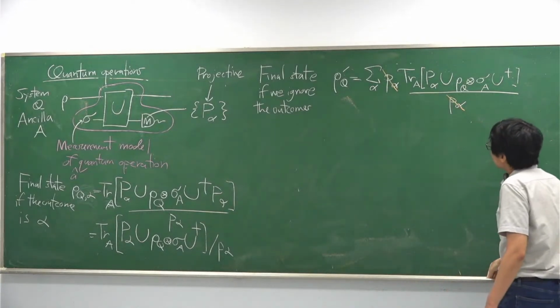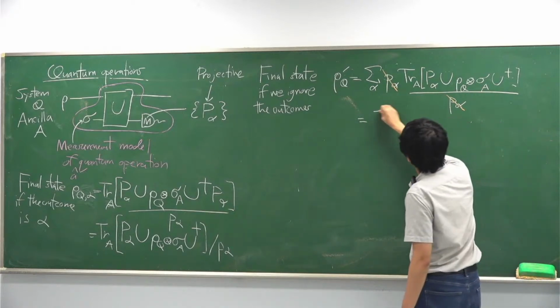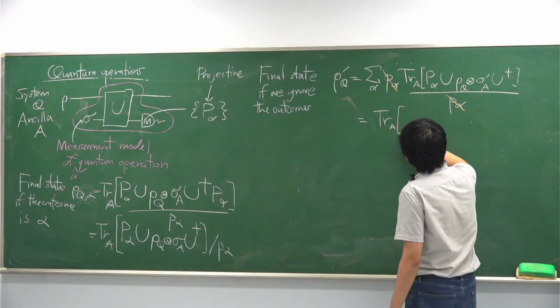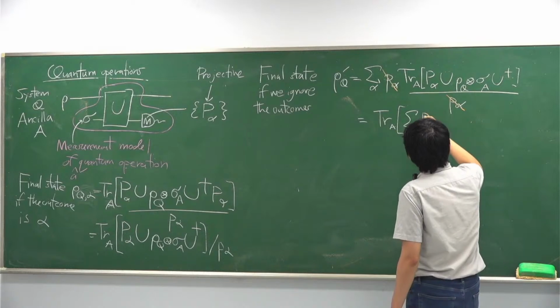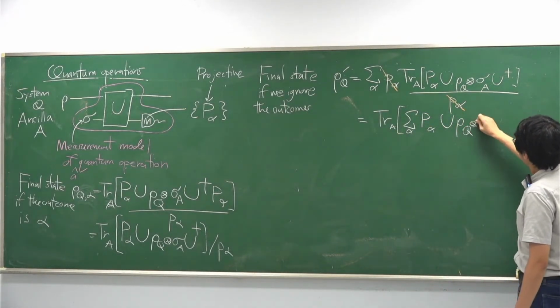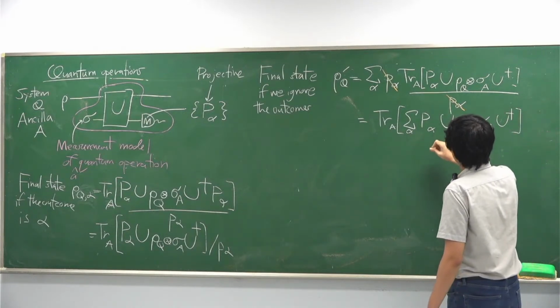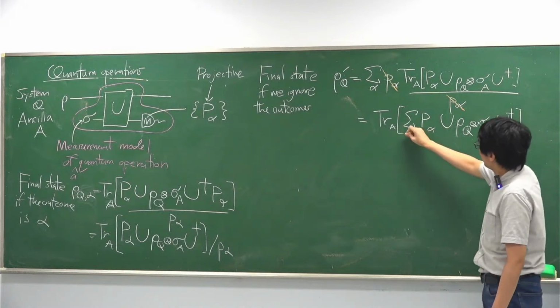Okay. And now I can bring the sum inside the trace. And what is this?